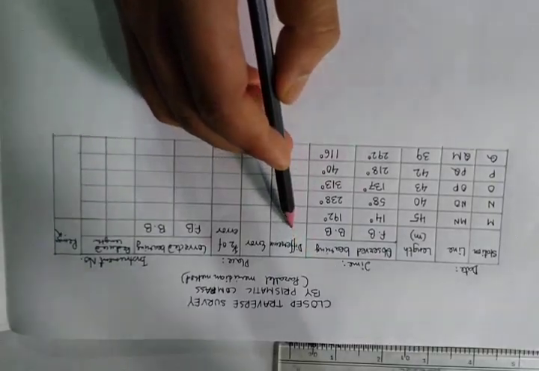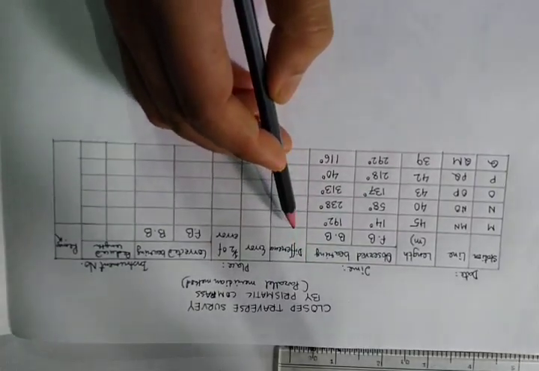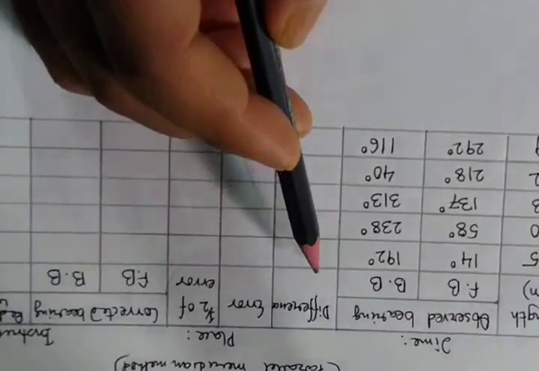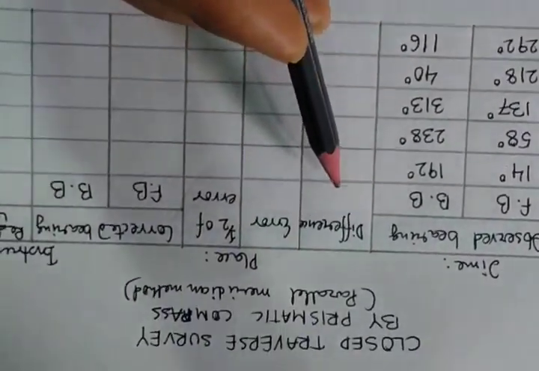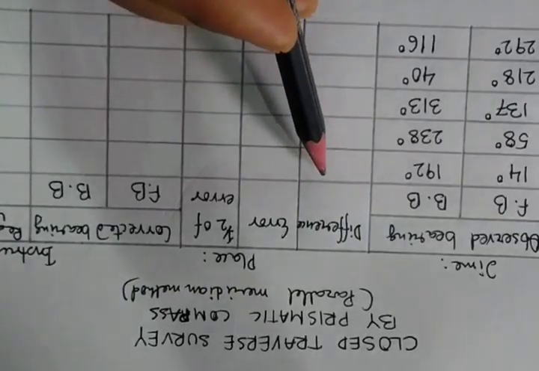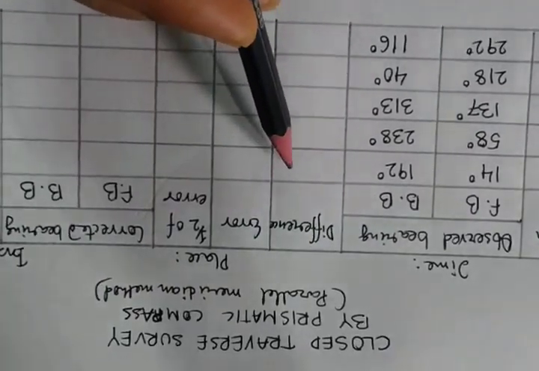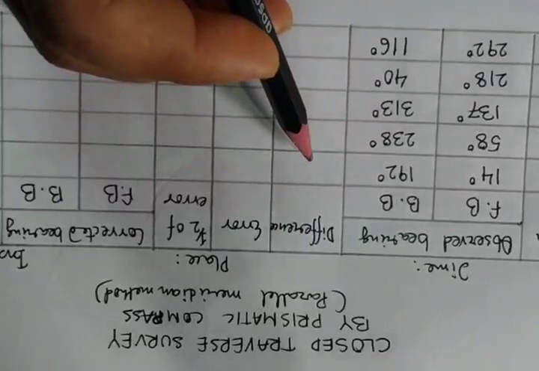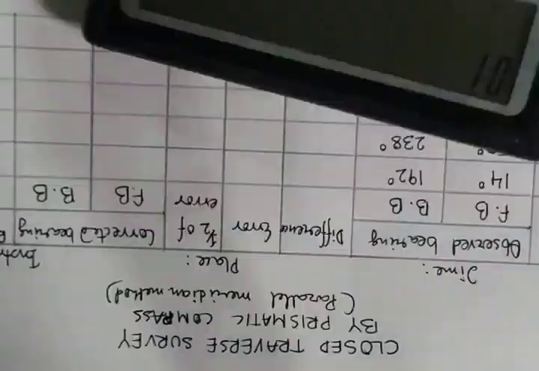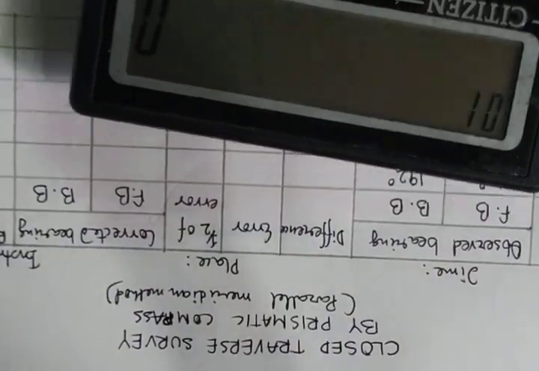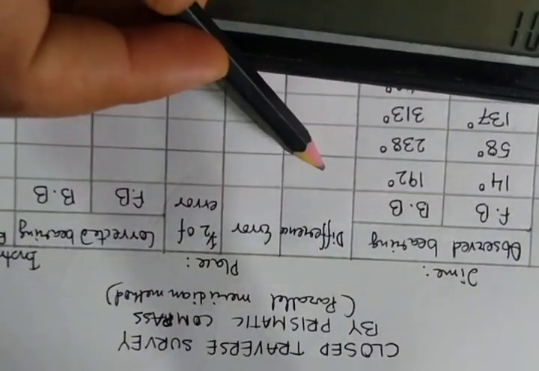From here, the difference column, this is the difference. So from here we will calculate. The first thing is to find out the difference between two bearings. This is very simple, and I am showing you how to find out the difference.